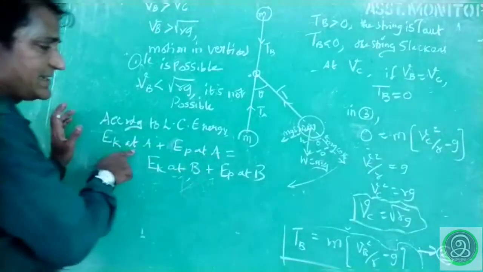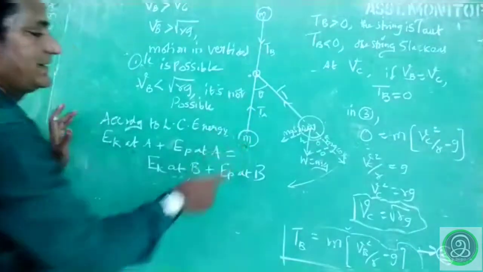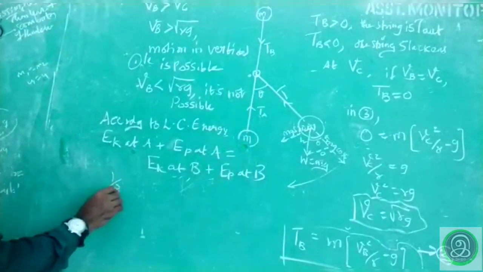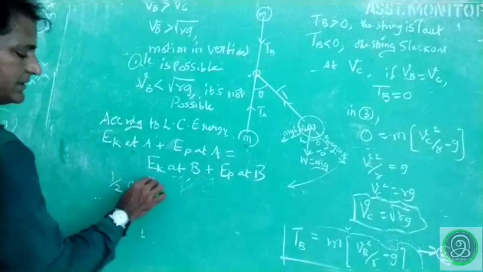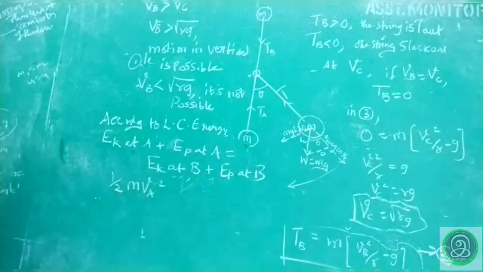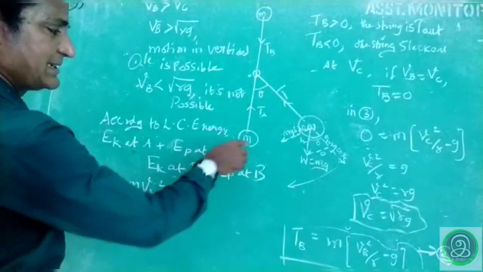What is the kinetic energy at A? Certainly here the kinetic energy will be equal to half mVA squared. Plus what is the potential energy?